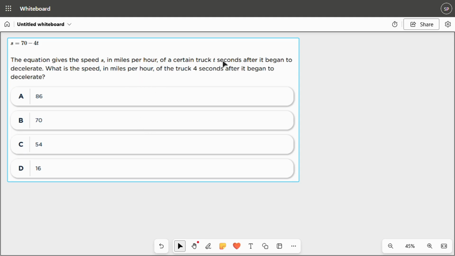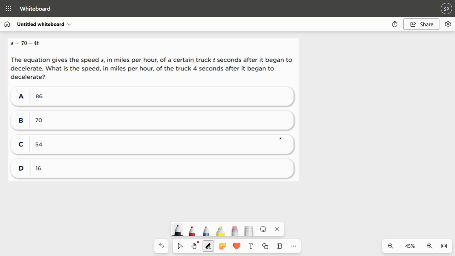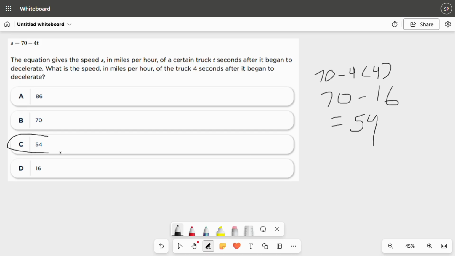Since t is seconds, we can just plug in t for 4. So s would equal 70 minus 4 times 4, and that'd be 70 minus 16, which would be 54. So C would be the answer.